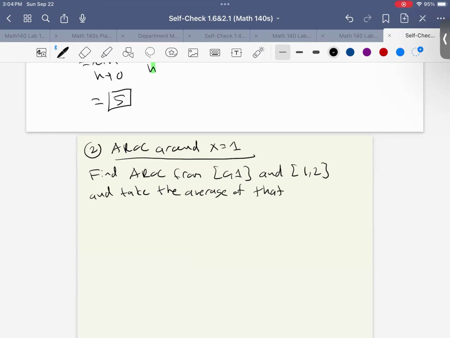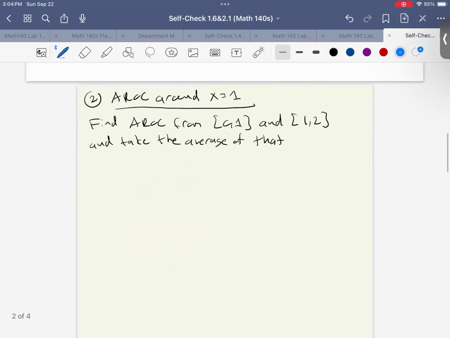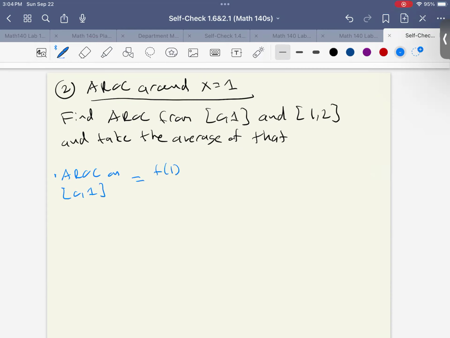All right, so let's go ahead and check out what we mean. So I'm going to find the average rate of change on 0 to 1. Okay, so that becomes f of 1 minus f of 0 all over 1 minus 0, right?